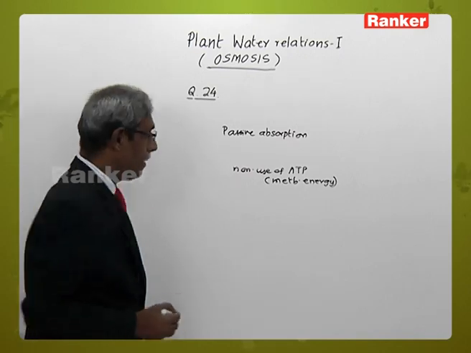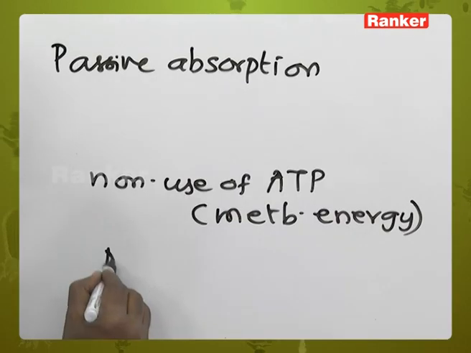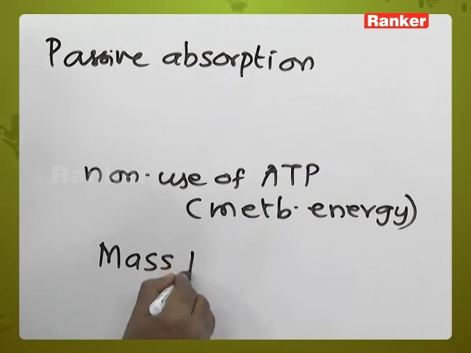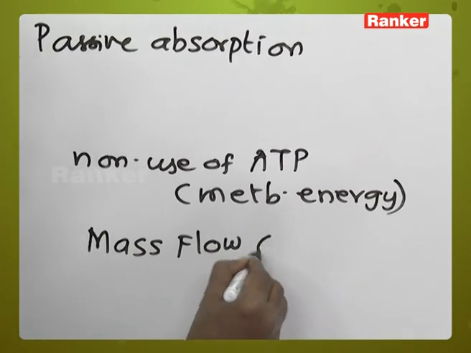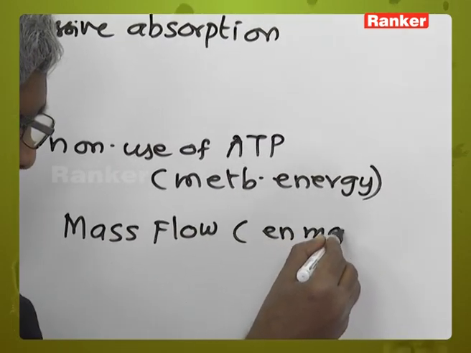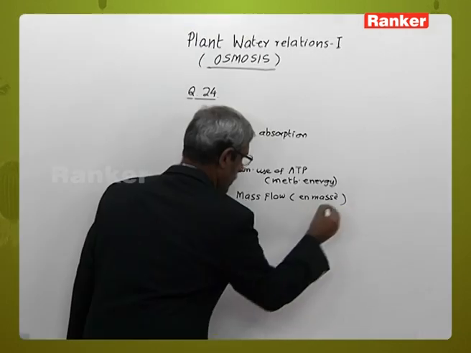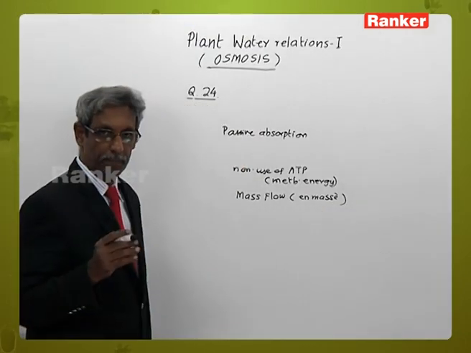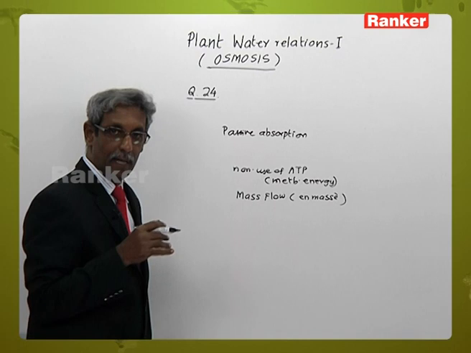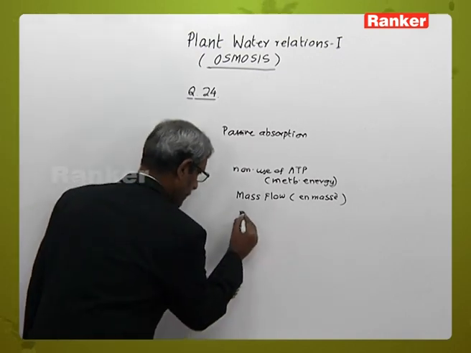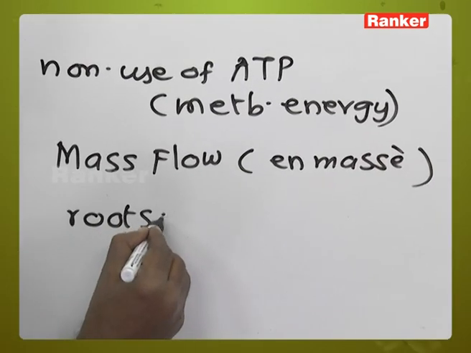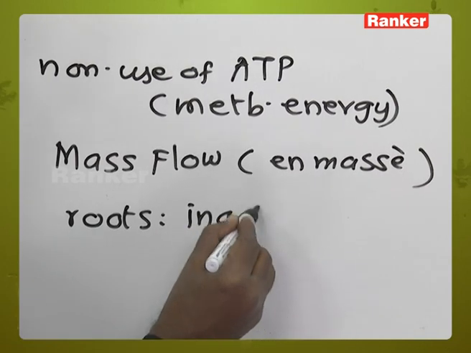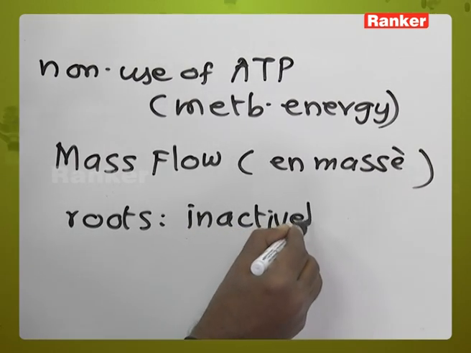And again, passive absorption occurs by mass flow, that is, the total flow of water, and predominantly here the roots are inactive, they are not actively involved.